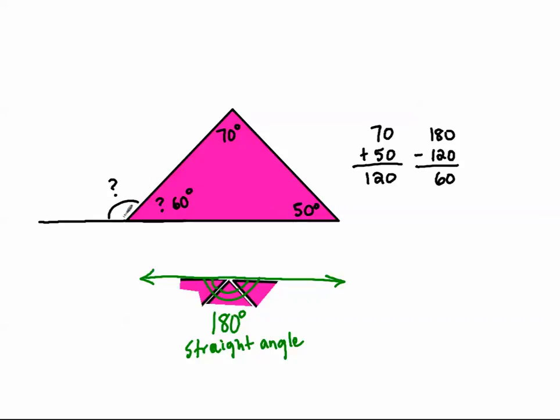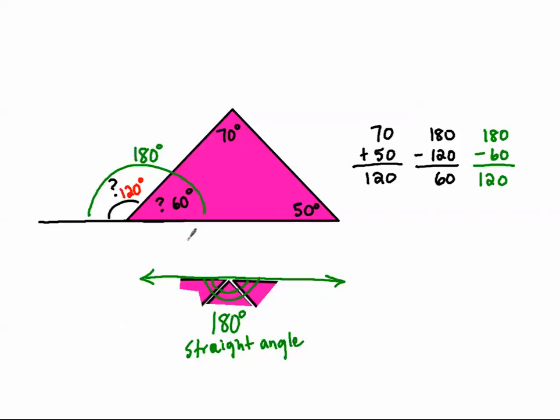How do I find the one next to it? Well, again, this is a straight line. A linear pair adds up to 180 degrees. So next I can say 180 minus that guy right there gives me 120. So this exterior angle out here is 120 degrees.